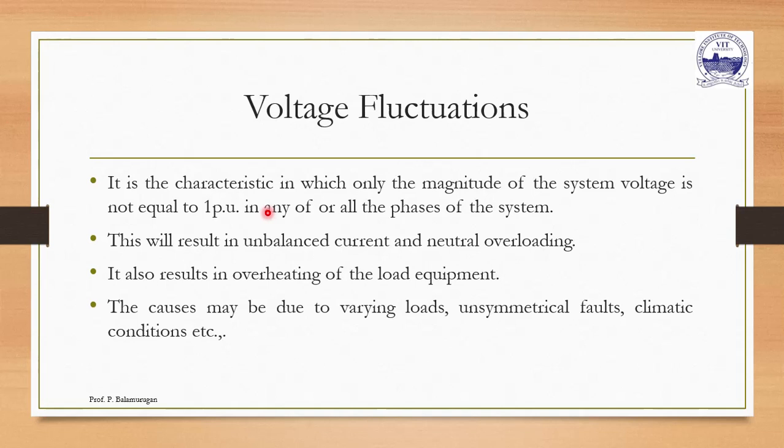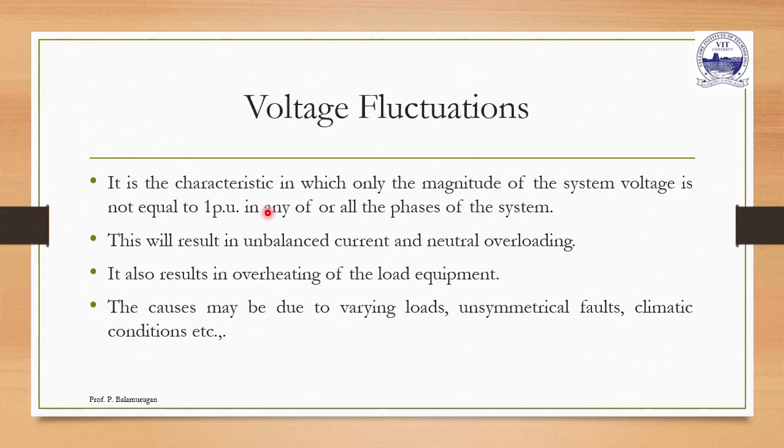In the system we allow a tolerance of about 10%, which means that the voltage under normal operating condition may fluctuate between 0.9 per unit and 1.1 per unit. If the voltage magnitude varies between 0.9 and 1.1 per unit, then the corresponding characteristic is called voltage fluctuation.